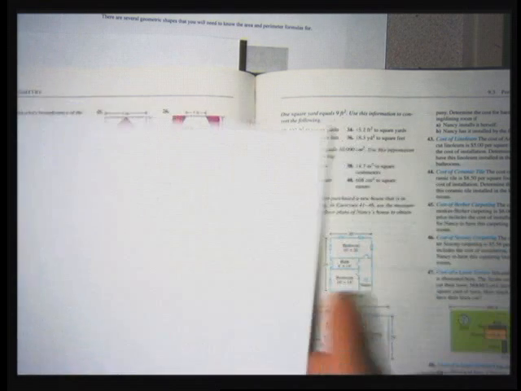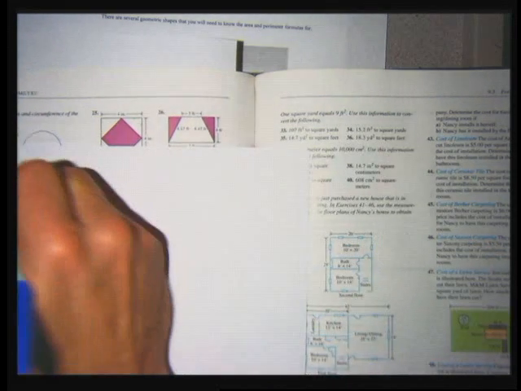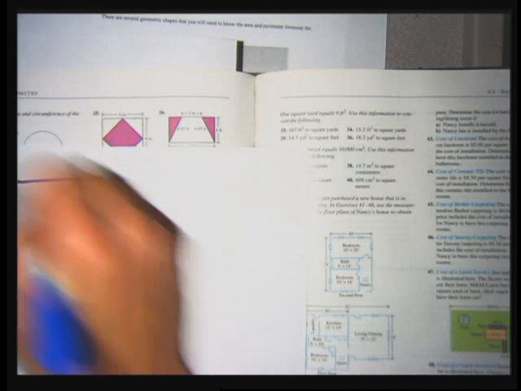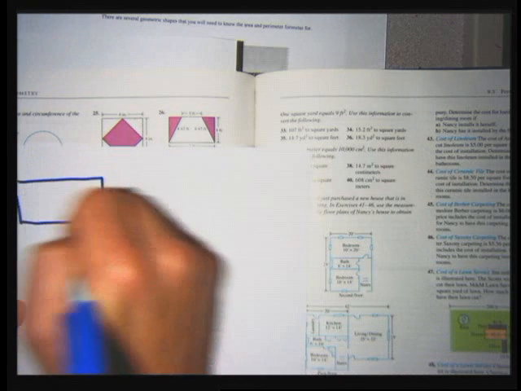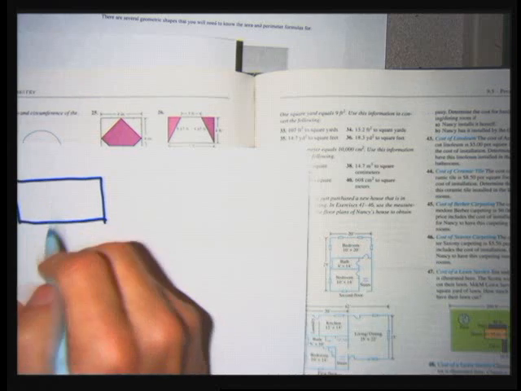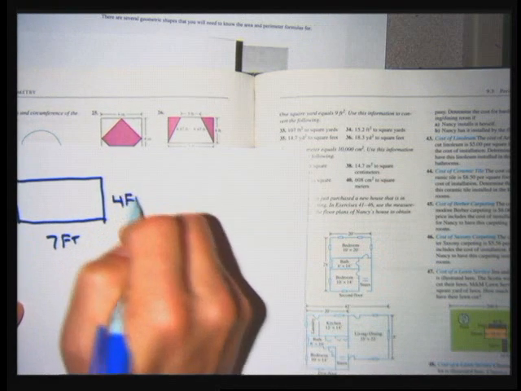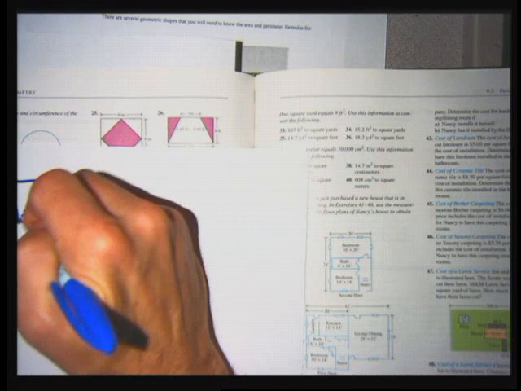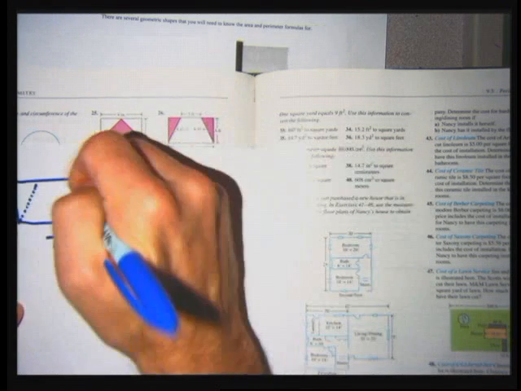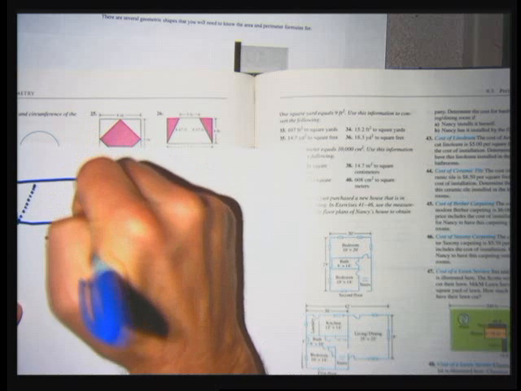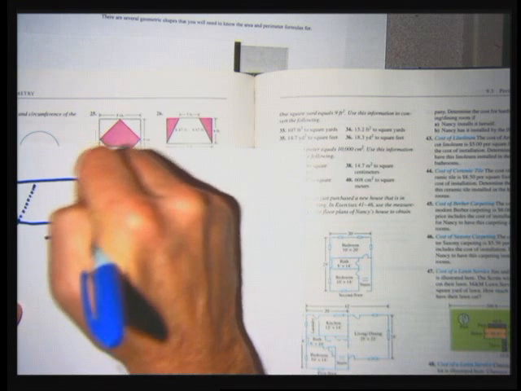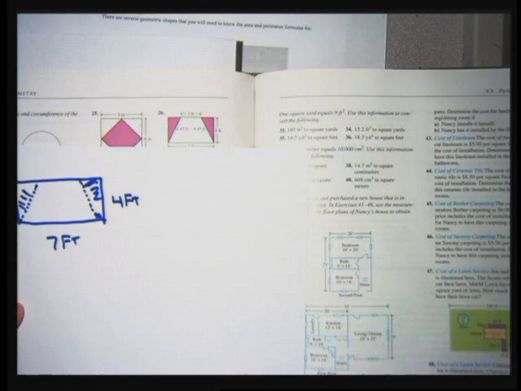So as I look at 26, if I try to blow it up, I see a rectangle. I'm assuming the rectangle is 7 feet by 4 feet. And then the author draws something like this, and I see a trapezoid inside the rectangle.